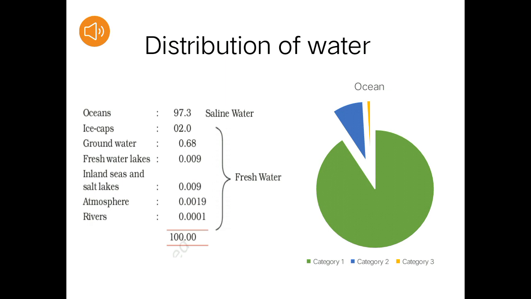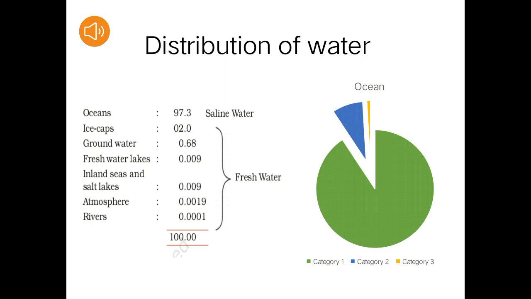Now let's understand the distribution of water. As you all know, about 3/4 of Earth's surface is covered with water. Means about 70% of Earth's surface is covered with water. Still, many countries are facing the problem of scarcity of water.